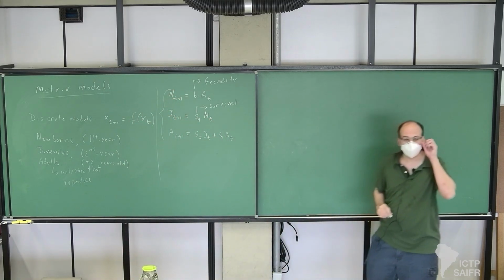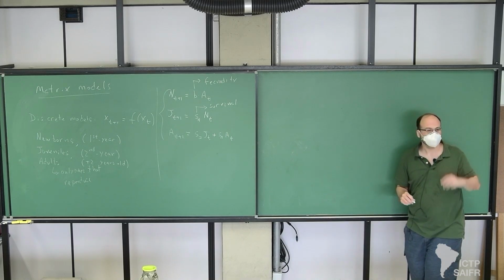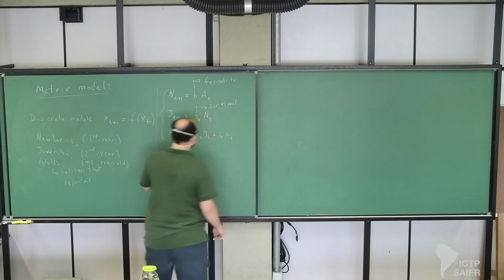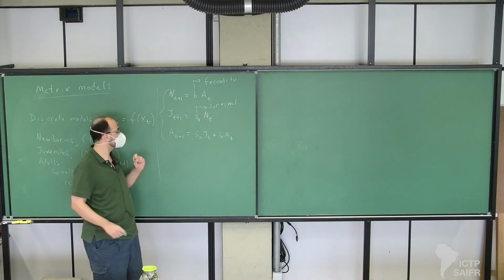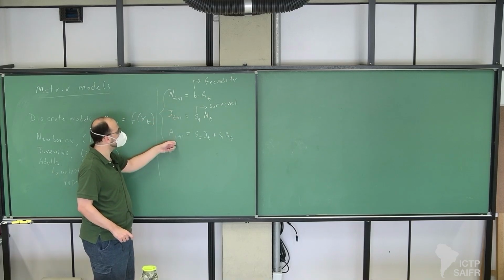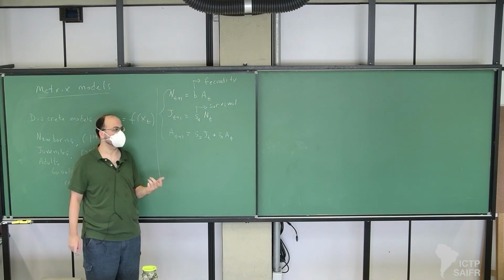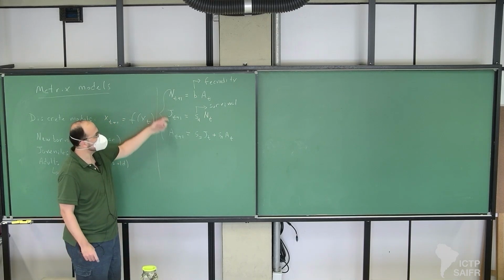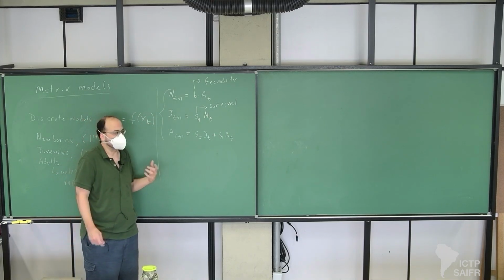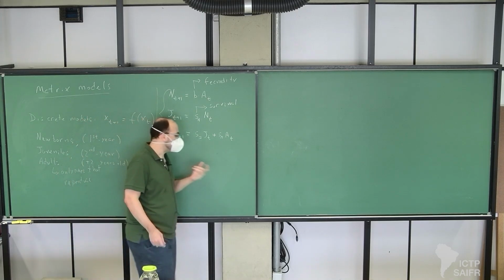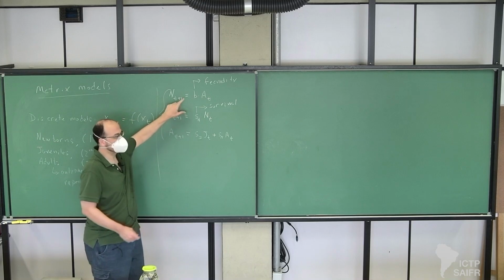Are you okay with this? Now, for your question, here I took time steps of 1 year. I could have taken smaller time steps. Instead of 1 year, I would take time steps of, I don't know, 1 month. Usually you take a time step that is as small as the smallest transition.